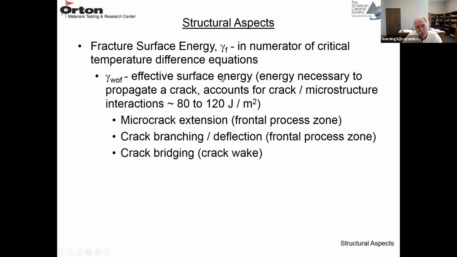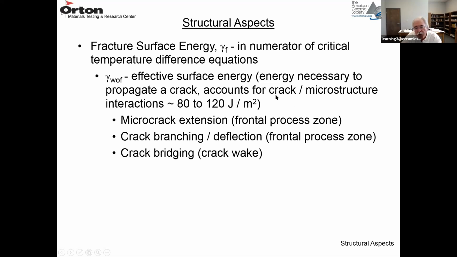The effective surface energy, gamma WOF, is the energy necessary to keep a crack growing, and that accounts for crack microstructure interactions. It's a much higher number than either of the other 2 surface energies, about 80 to 120 joules per meter squared.